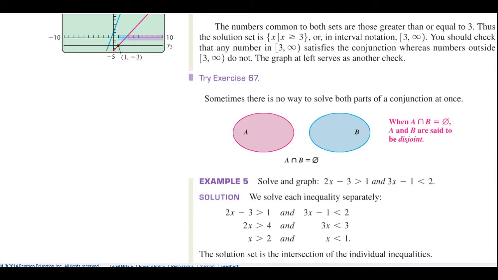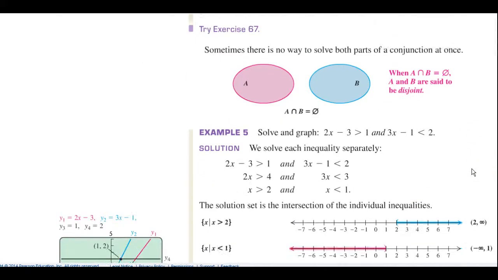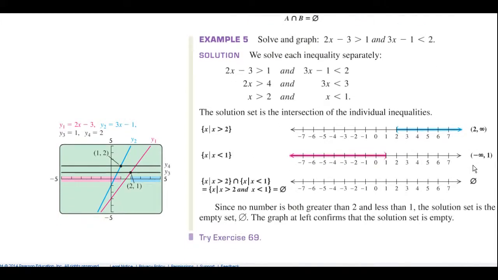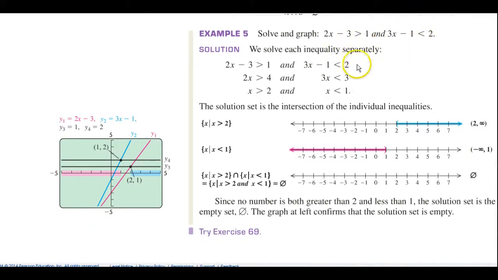Now, how would you show this in a graph? Well, once you solve it and you end up with something like this, and you see this is going this way, this is going this way, and when you look at areas of intersection, there are none. Now, again, all of this is true because we're dealing with the keyword "and", which is intersection.